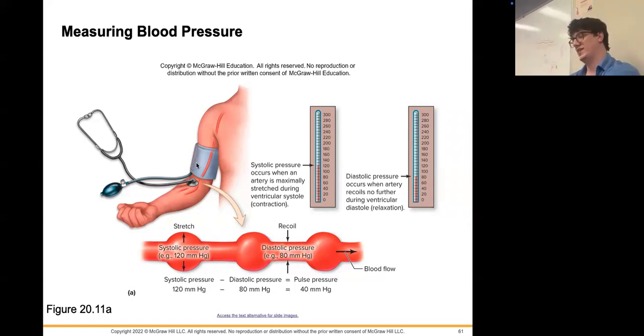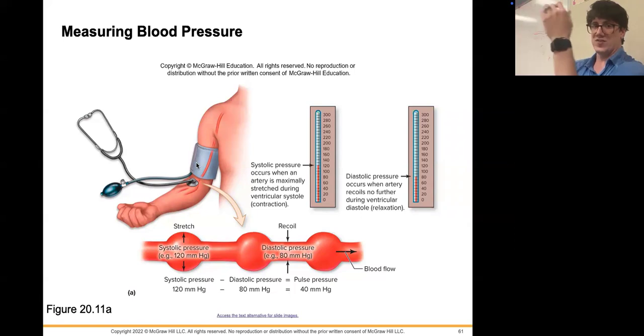So we're going to take this blood pressure cuff and we're going to wrap it around the arm so that we can occlude, in this case, the brachial artery. Okay, so the brachial artery is basically going to be the large blood vessel running through the upper part of the arm. We're essentially going to squeeze that part with enough force that blood can't pass through it.